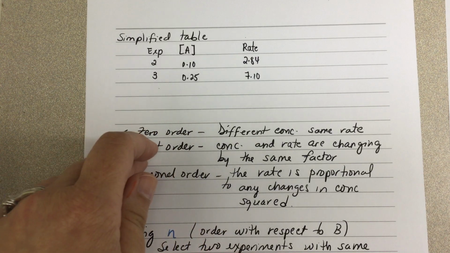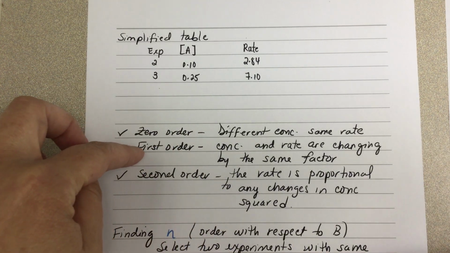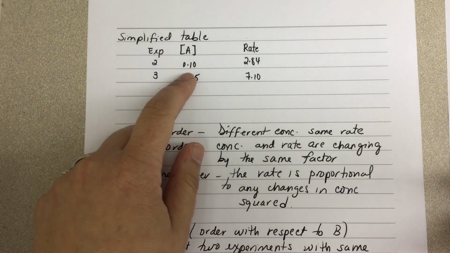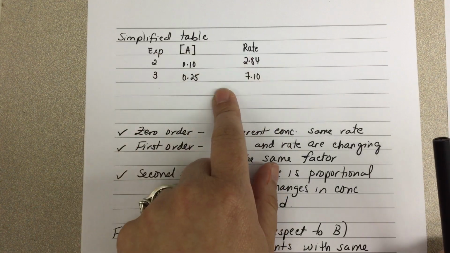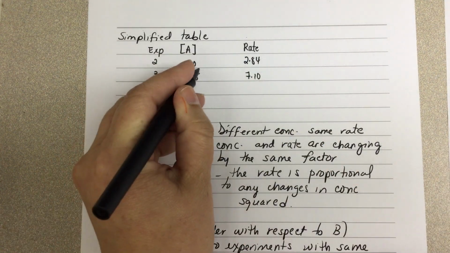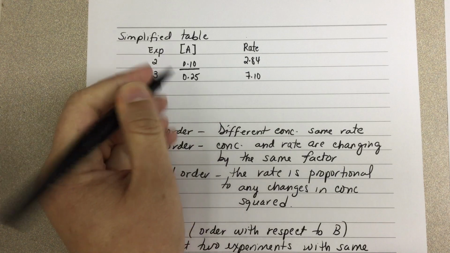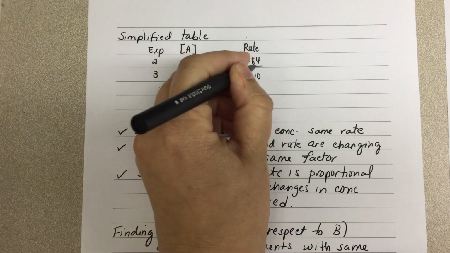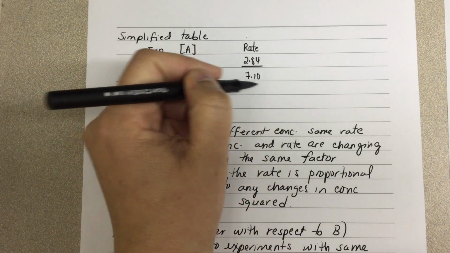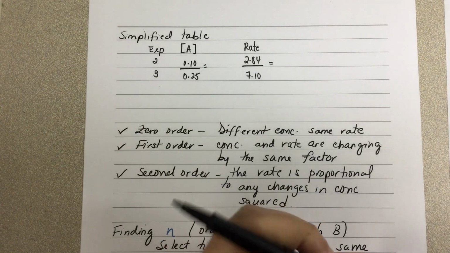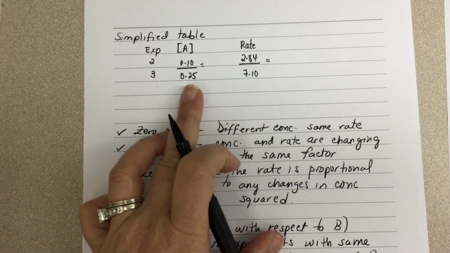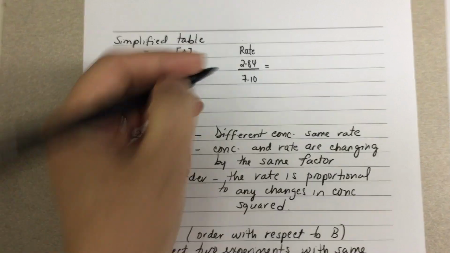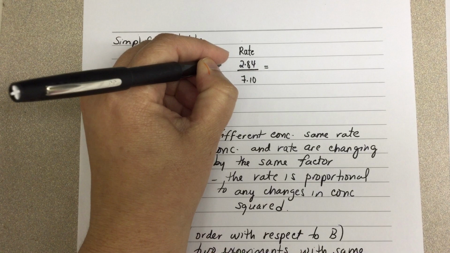So now we're going to move to the actual calculation to determine if it's a first order or a second order. The calculation is pretty simple. That's why I'm simplifying my table so I can show you with the table. You are going to divide 0.10 by 0.25, and you are going to divide 2.84 by 7.10. So you're calculating that actual ratio. 0.10 divided by 0.25 gives you 0.4.